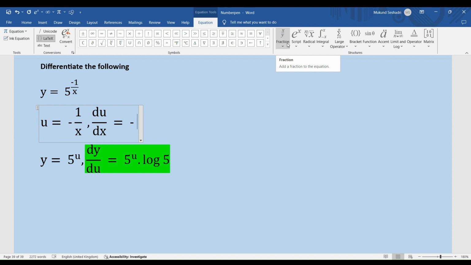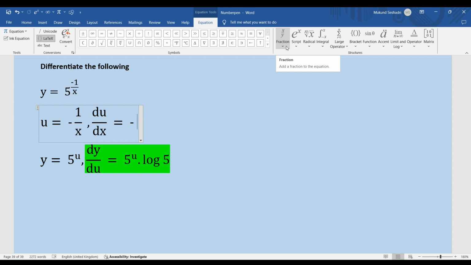Again, an application of d by dx of x to the power n equals n into x to the power n minus 1, right? Folks, I'm not putting up all the formulas here on the screen, and if you want to quickly run through the formulas that you need to solve these problems, take a look at my description under this particular video. I put a list of all the formulas that we will need to consume while solving these problems.